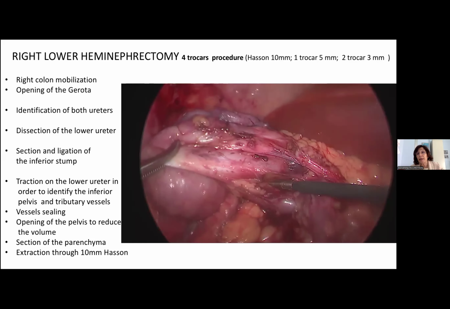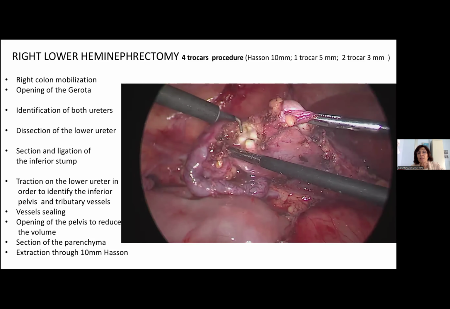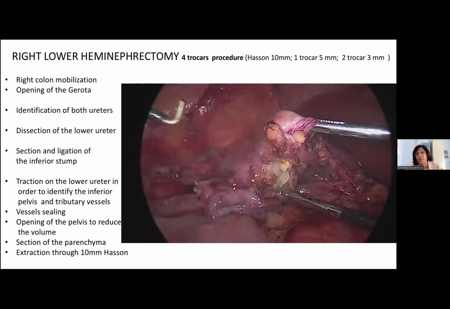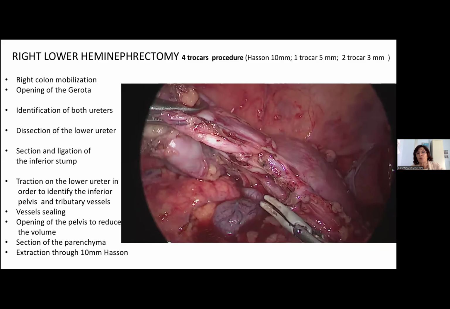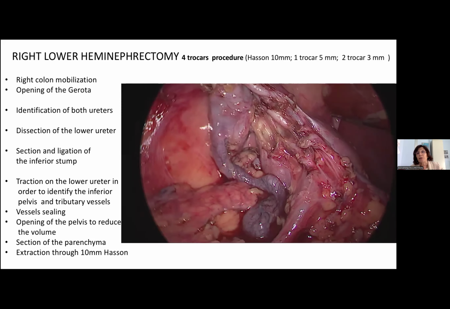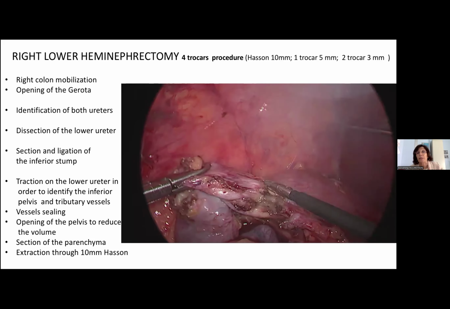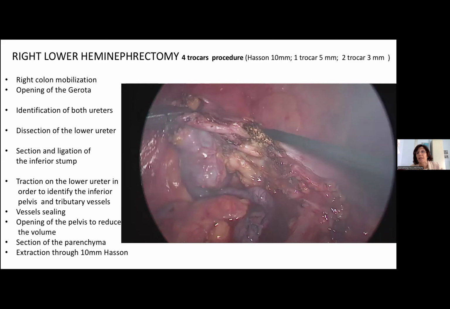In this case, I identified the vessels. The vessels, as you have seen previously, were closed, and then I decided to open the pelvis in order to be sure that no upper calyx of the lower pole was retained in the dissection.